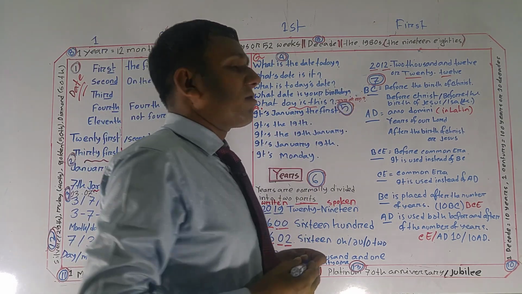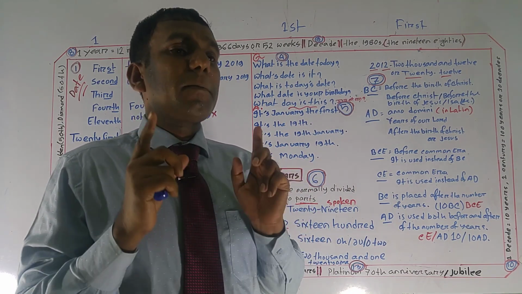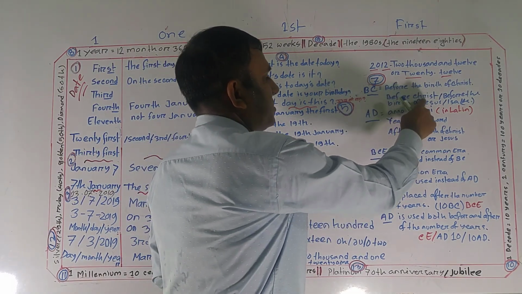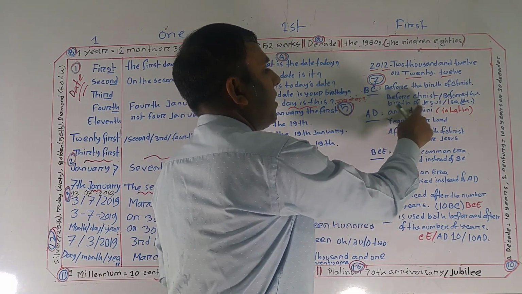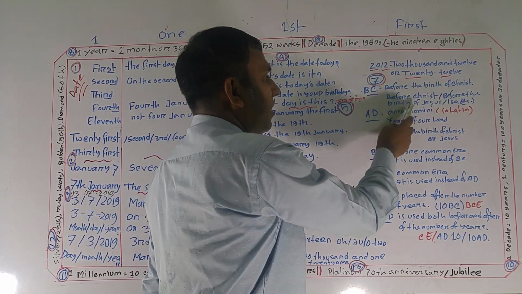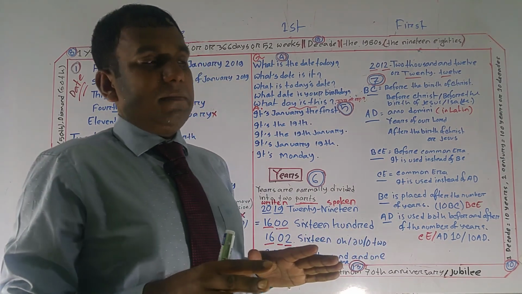BC means before the birth of Christ, or before Christ, or before the birth of Jesus. We say Isa alayhi salam.